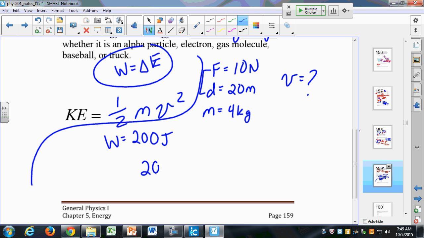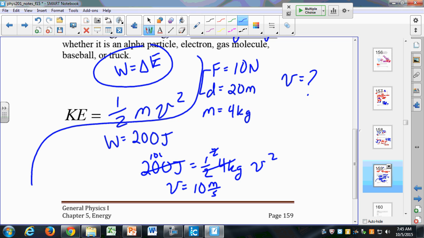So I just say 200 joules equals 1/2 of the mass, which is 4 kilograms, times V squared. And that gives me a V equal to 10 meters per second. I have a 2 here, I can divide through. That makes this 100. And then I take the square root of both sides. Square root of 100 is equal to 10.